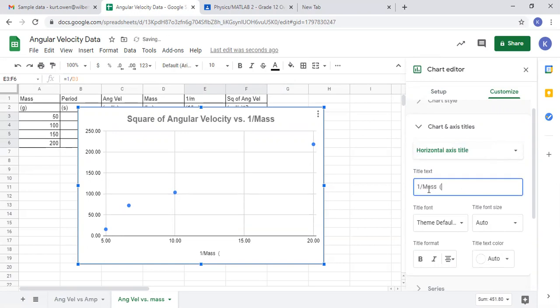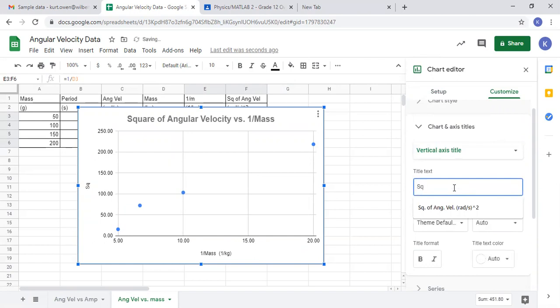The units are 1 per kilogram. You could say kilograms to the -1 if you wish. And then we do the vertical. Vertical axis will be square. Oh, let's do that again. It just popped up as an option from the last chart. Okay, so those are my axes labels.